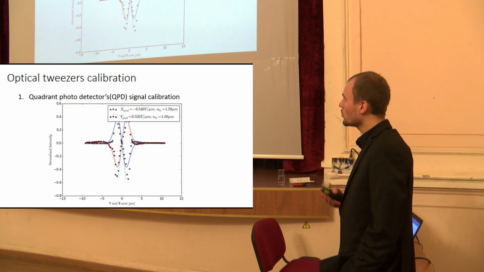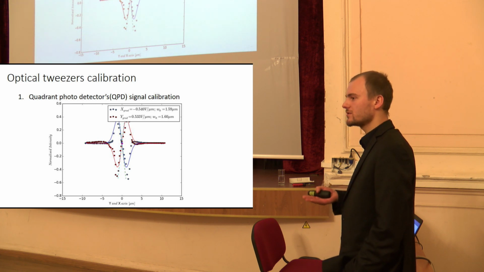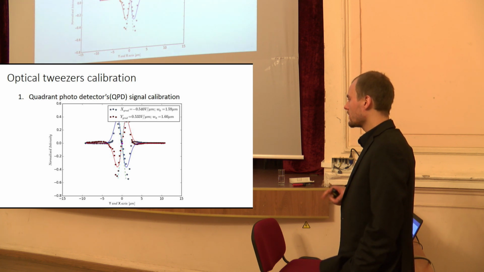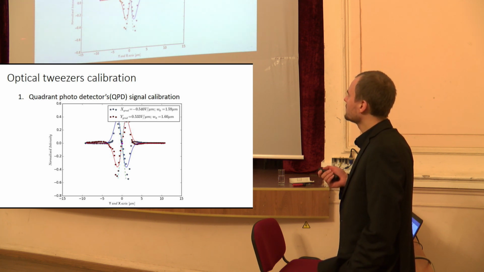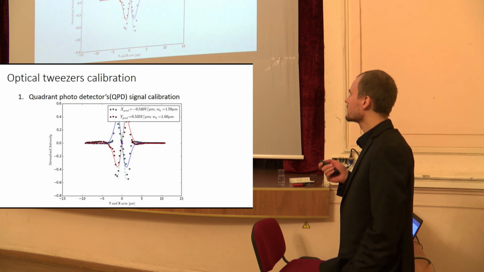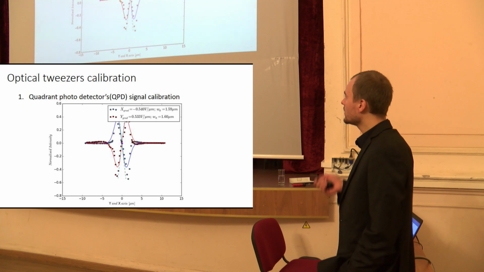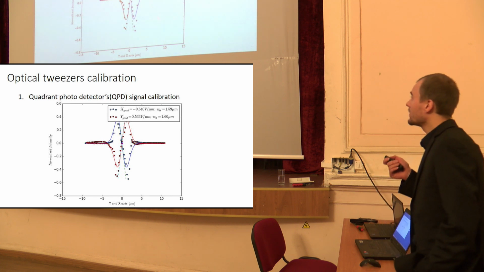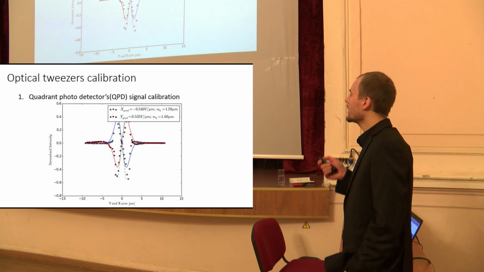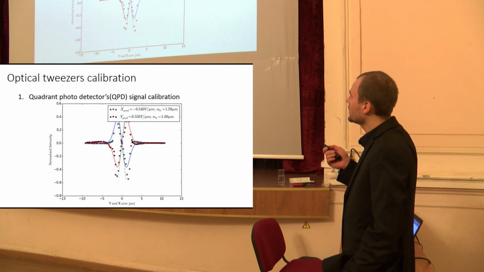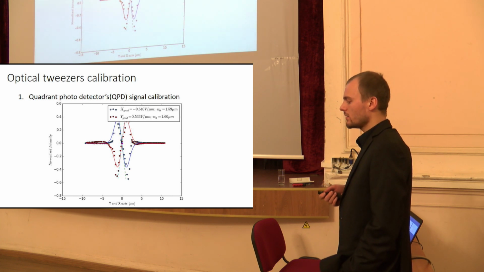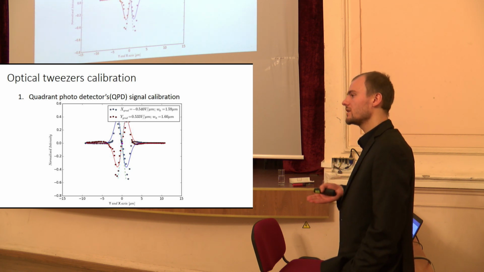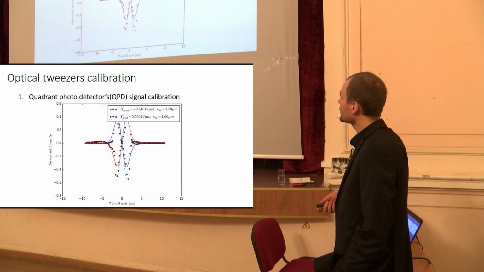We wait for a while, these beads stick to the surface, and then we go with the trap over the bead in X and Y direction, and we calibrate the photo detector signal so that we can later know how far from the center of the bead the trap is, and what the signal is in that case for the detector.